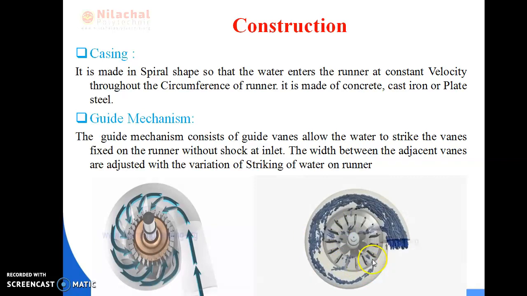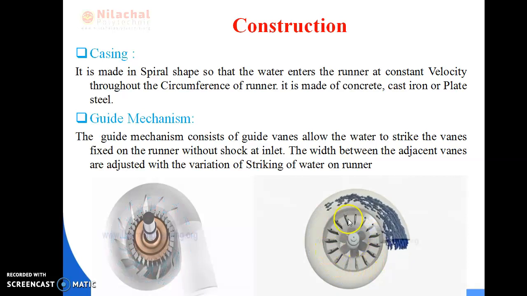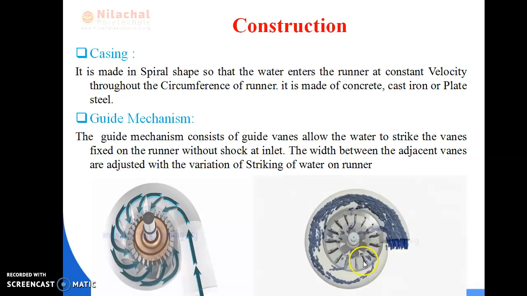This middle part is known as the guide blade mechanism. In the guide blade mechanism, you find there is a ring that is attached to the periphery of the surface of the casing, where the blades are mounted.